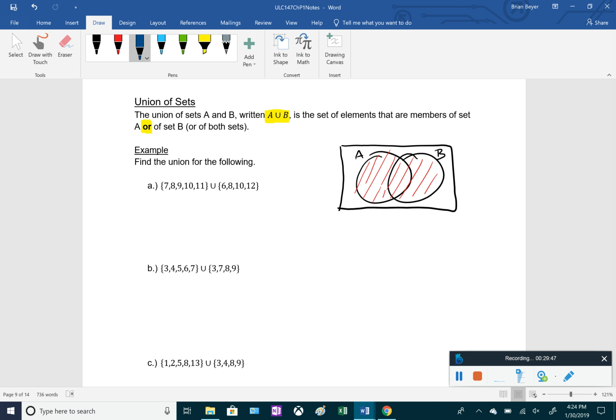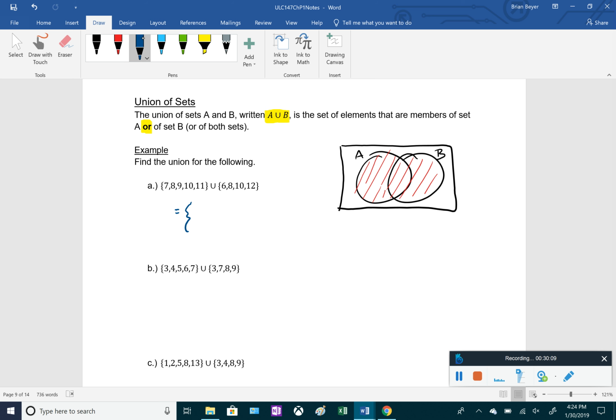So union, let's do this example. Let's find the union for the following: 7, 8, 9, 10, and 11 for the first set. We want to find the union of that with 6, 8, 10, and 12. So what we're going to do is just list out everything that's there. One thing to keep in mind though is we don't have to repeat something if it's there in both of them.